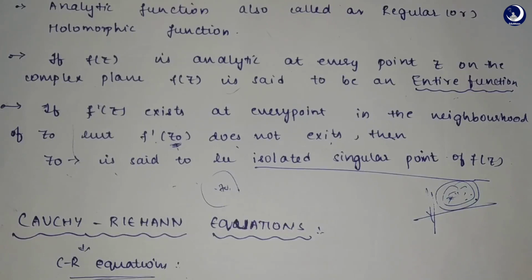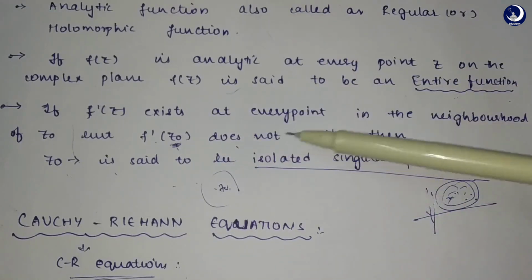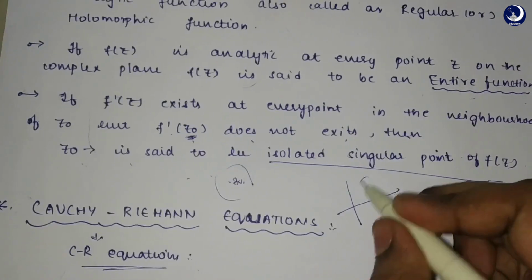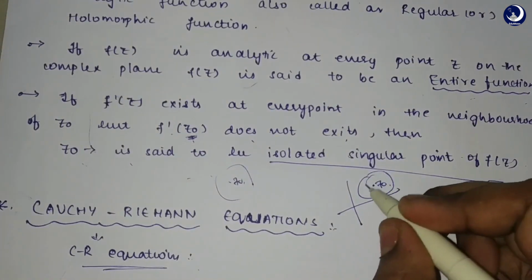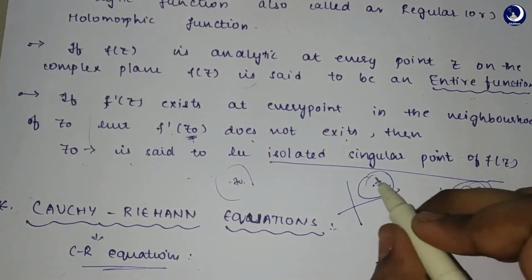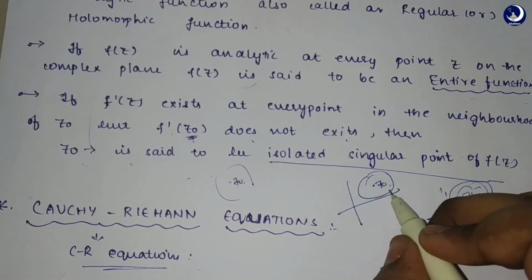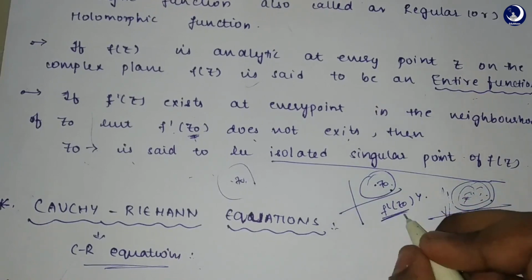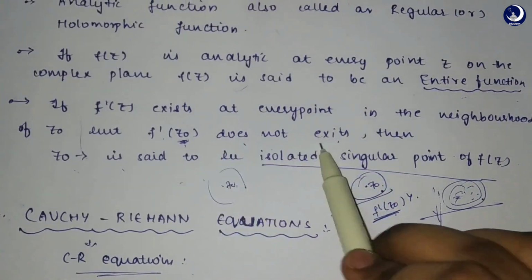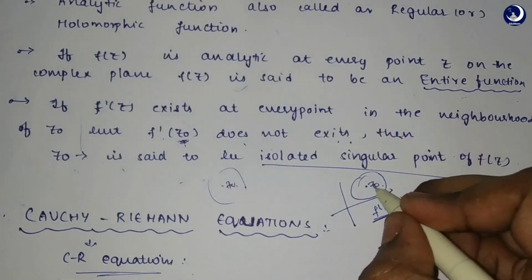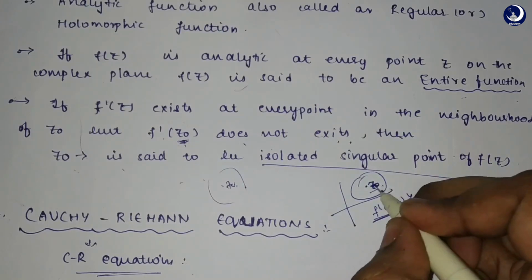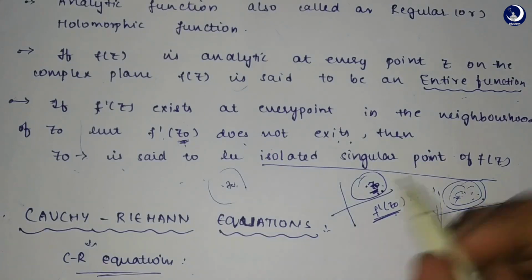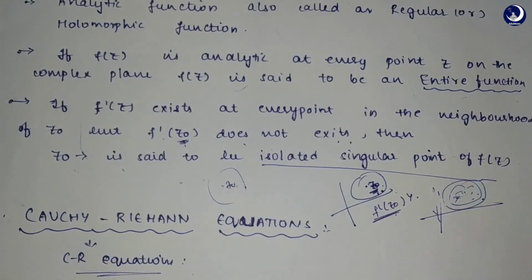Next, if f dash of z exists at every point in the neighborhood, you are taking a region, this is z naught, and the derivative of that function exists in the neighborhood, but f dash of z naught does not exist, then this particular point z naught is said to be an isolated singular point of f of z. I will repeat.